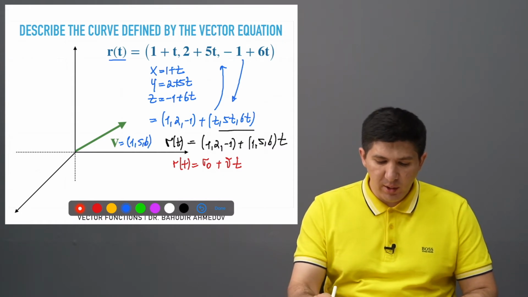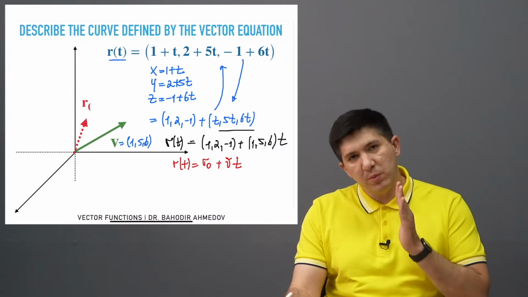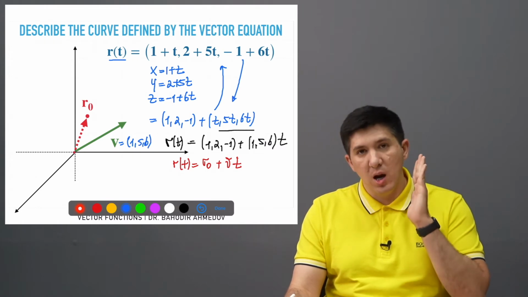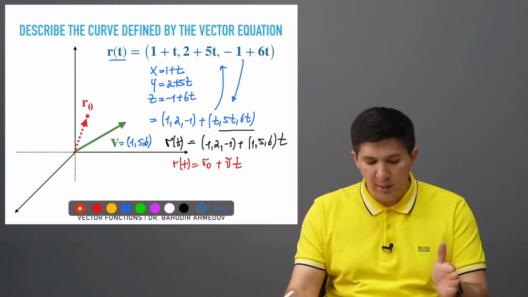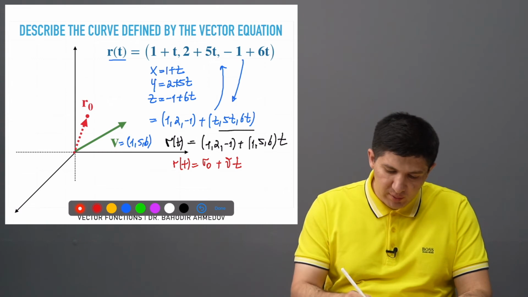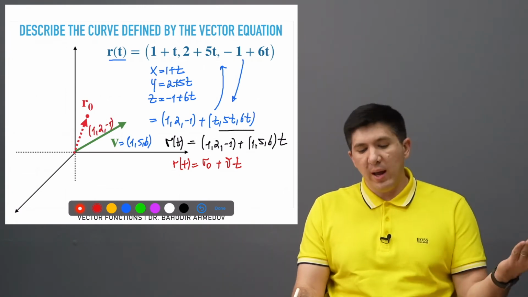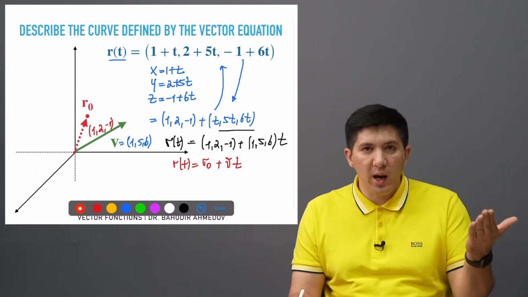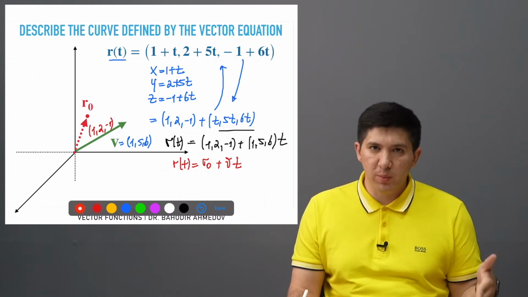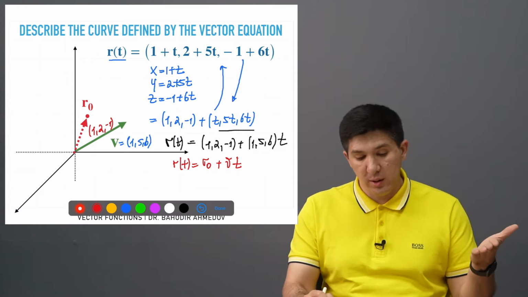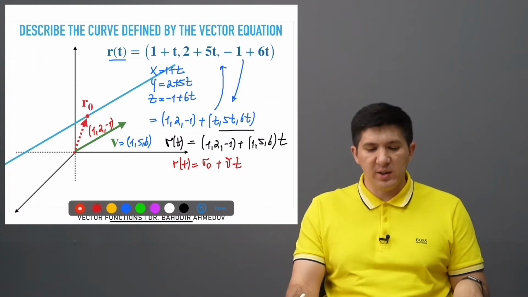And r0 is a vector which points out to one of the points along this line, and r of 0 has the components 1, 2, and minus 1. What I now have to do is draw a line which is passing through this point and which is parallel to this v, and this is going to be this kind of line.